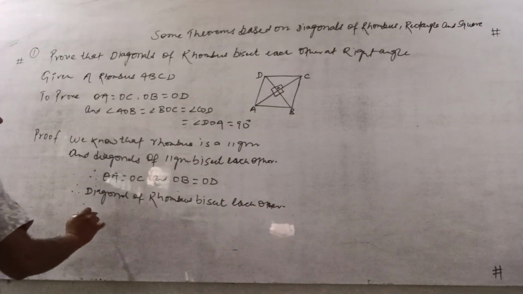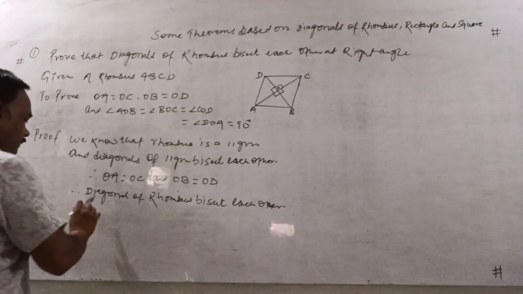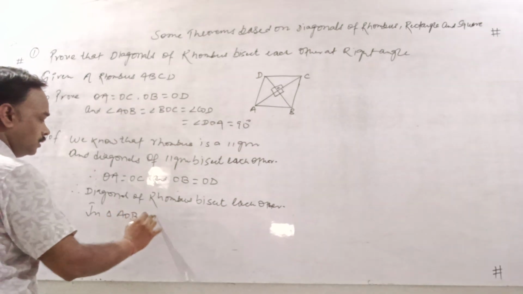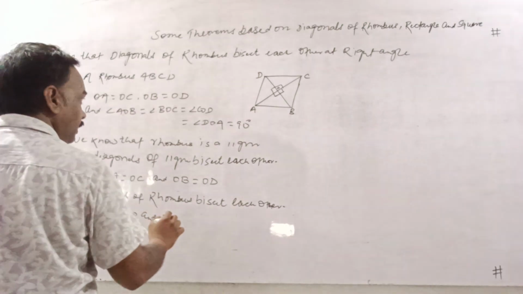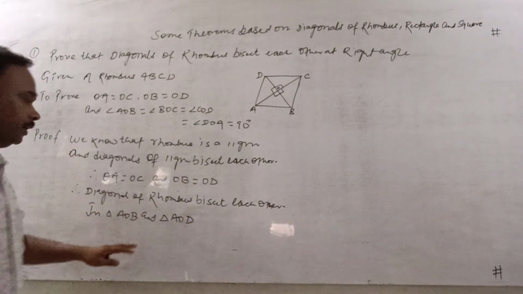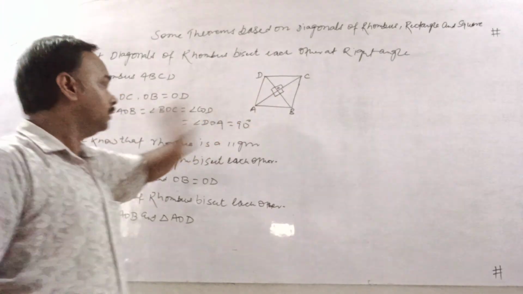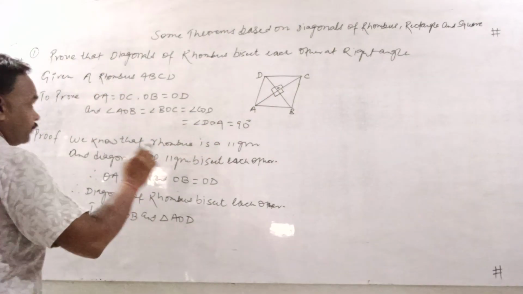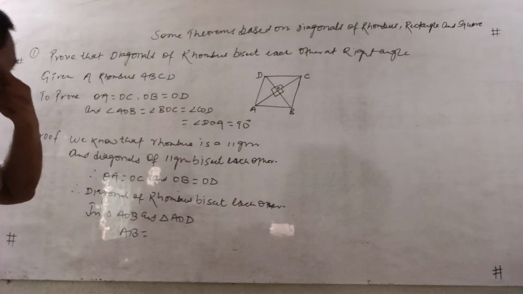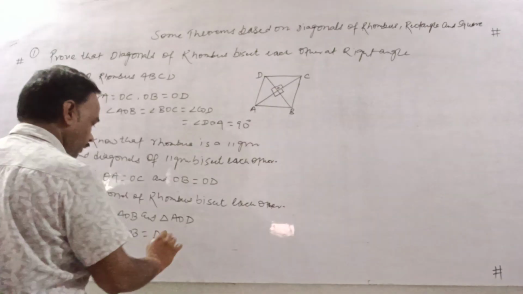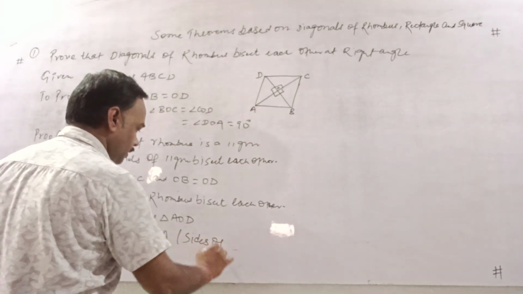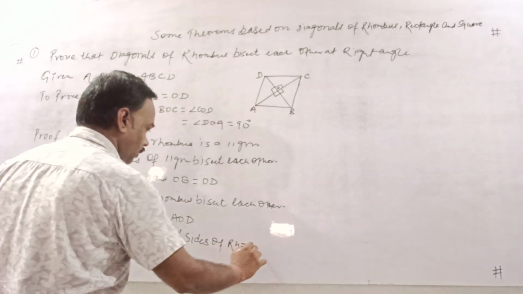So take any two adjacent triangles. In triangle AOB and triangle AOD, side AB of triangle AOB and side DA of triangle AOD are equal because all sides of rhombus are equal.